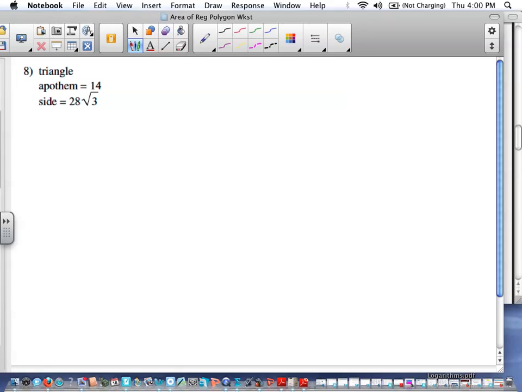Number 8 is a triangle. So you're going to use the area is equal to 1/2. The apothem is 14. The length of a side is 28 root 3, and there are 3 sides. So 3 times 28 root 3. Remember, you can convert that 28 square root of 3 to a decimal.